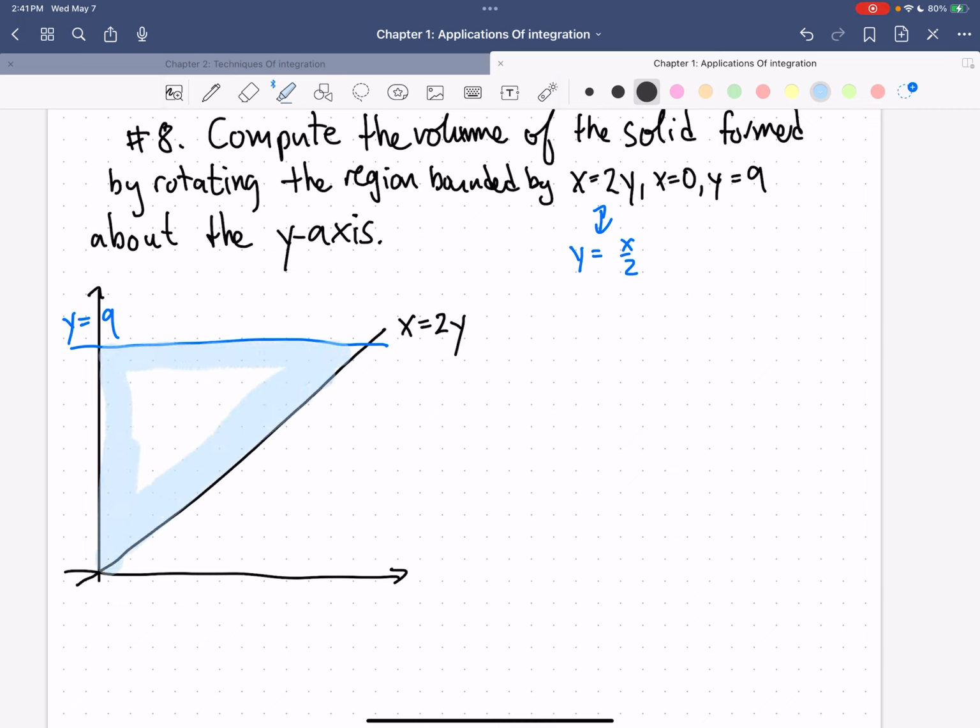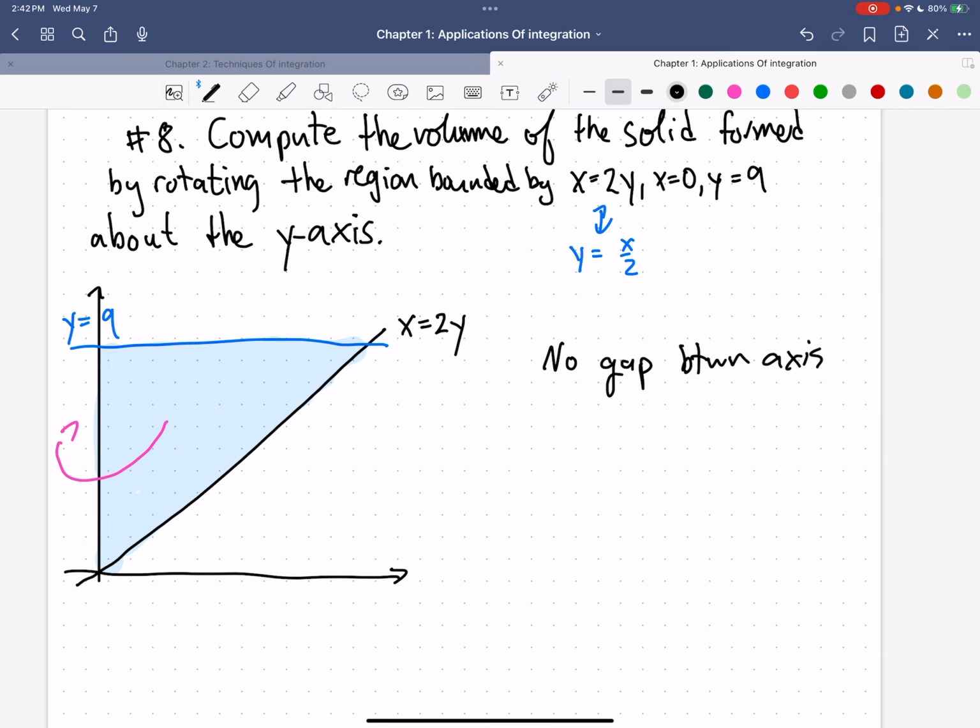And because we're rotating this about the y-axis to produce a solid, you can see that this is a disk method one because there's no gap between the axis and the region. And the solid that we would get would just be a perfect cone like that.